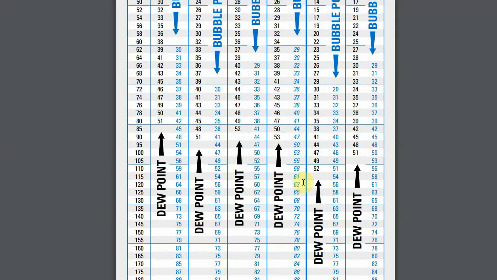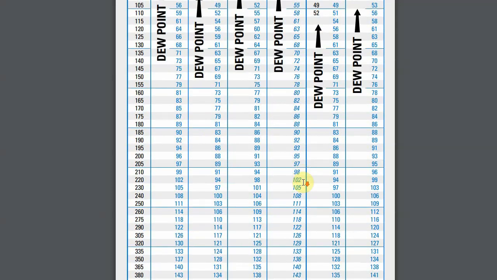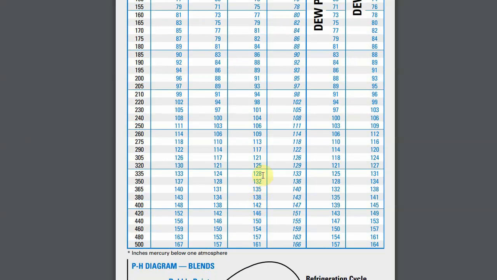If you're looking at your high side, that's going to be bubble point. So on the high side, 109 degrees is going to be 260 psi, all the way up to 132 degrees, which is 350 psi.